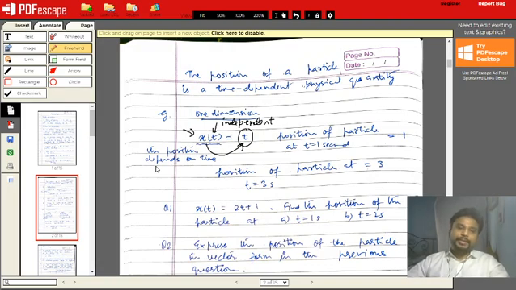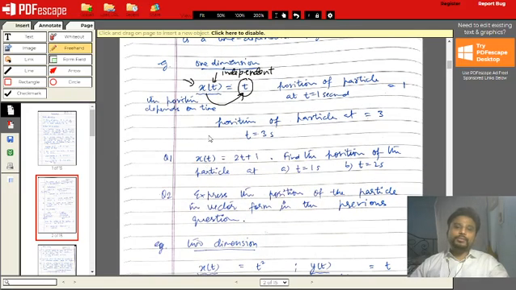We put t equal to 1 in this equation, and we realize that the position of the particle at t equal to 1 would be simply 1. Next, what is the position of the particle at t equal to 3 seconds? We put t equal to 3, and the position of the particle is simply 1. As there are no units involved, we can write any unit we want to, or simply write unit.